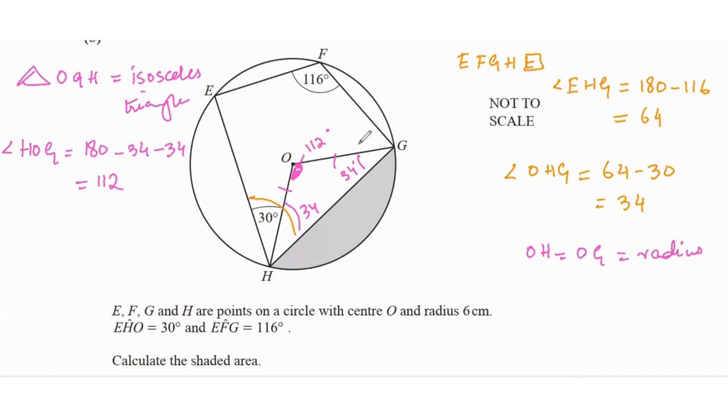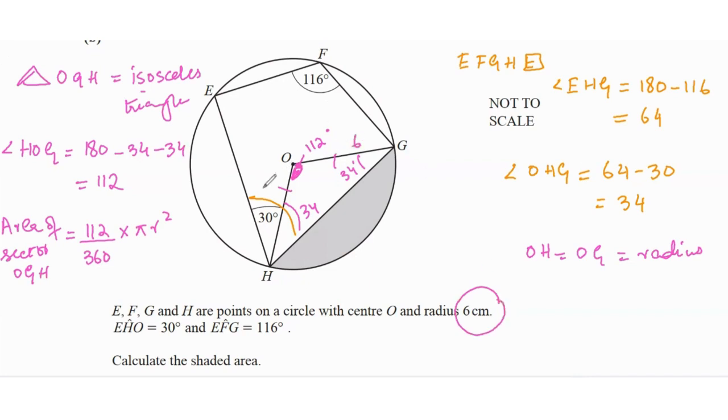Okay. So now that we have our angle figured out, we can find the area of the sector OGH. Area of sector OGH, which will be 112 over 360 times pi r squared. As you can see, the value of R is 6 centimeters.